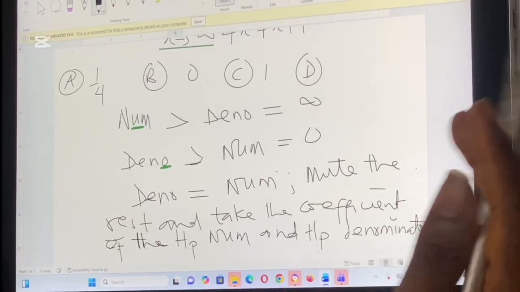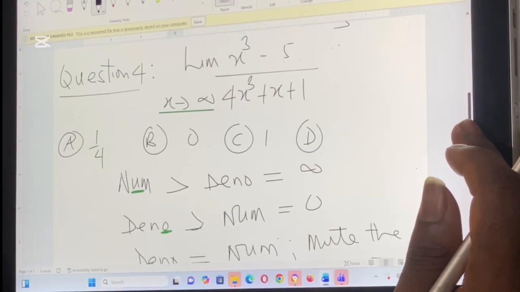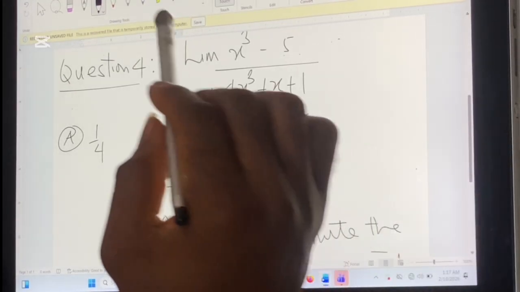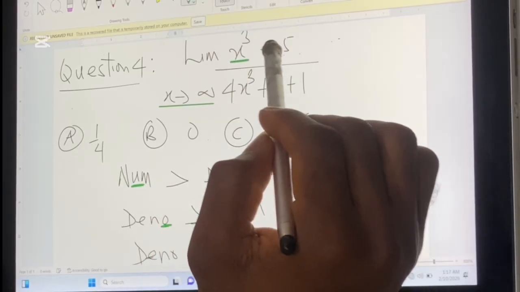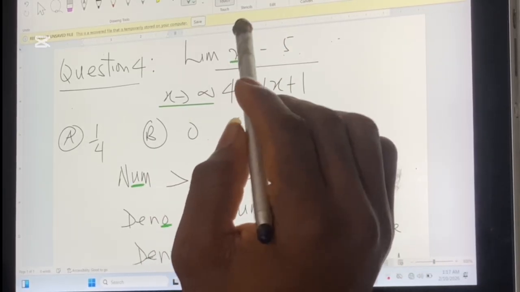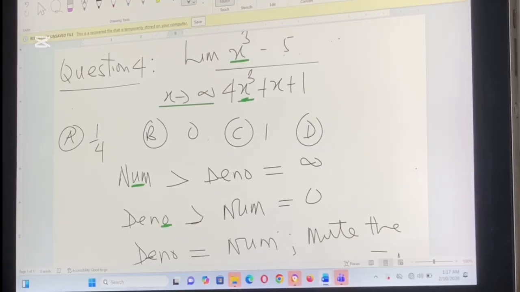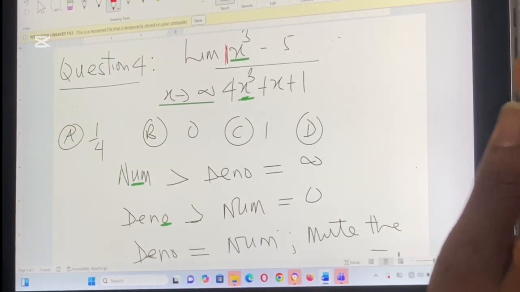Okay, let's apply this to this question. The highest power of s at the numerator is 3, and the highest power of s at the denominator is 3, meaning that they are equal. Since they are equal, what you have to do is take the coefficients and mute the rest.